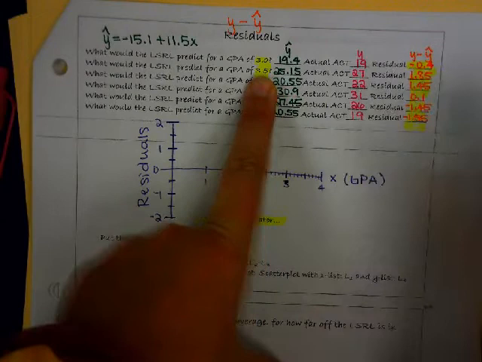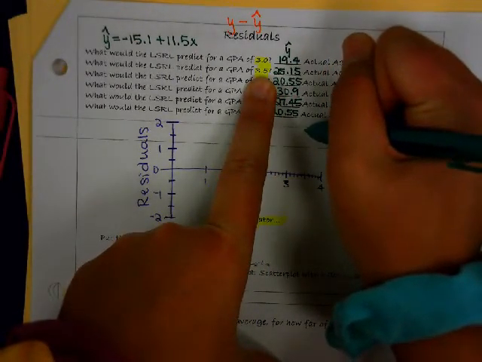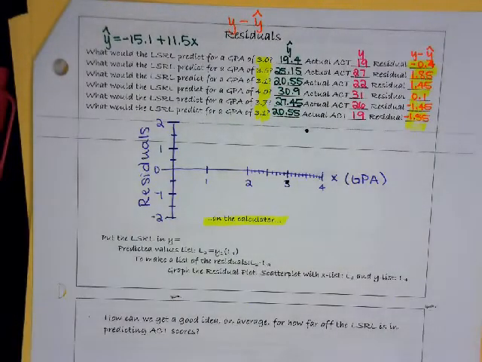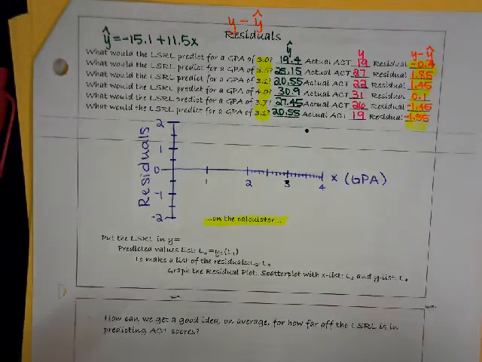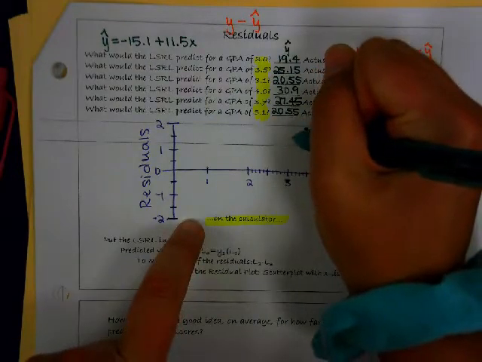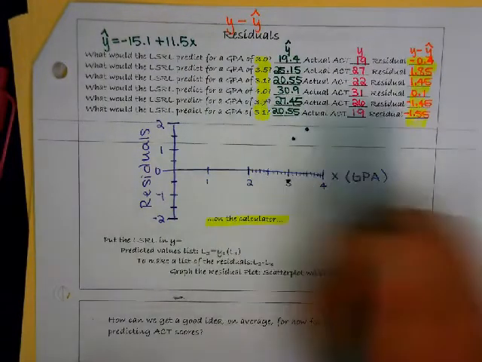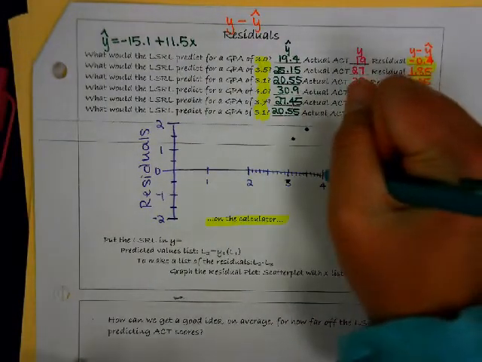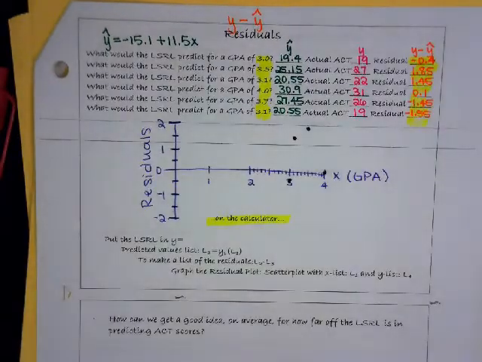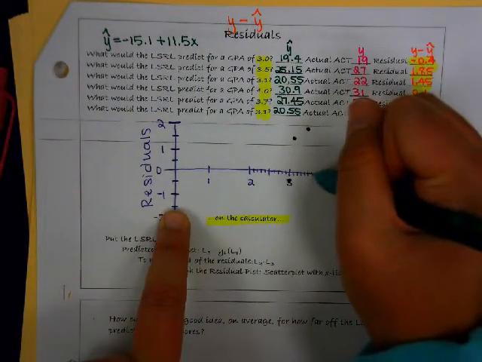Like I said, since it's by hand, we're estimating, so do the best you can. 3.1, 1.45, so around there-ish. 4.0, 0.1, so just barely off the x-axis for that one. 3.7 and a negative 1.45, so that's around there. And then 3.1 with a negative 1.55.